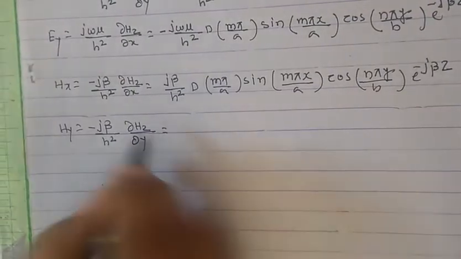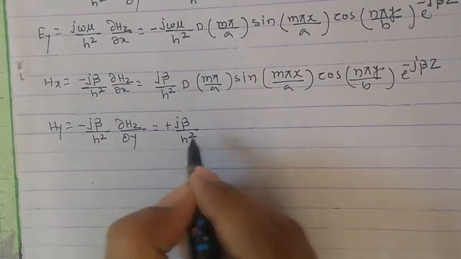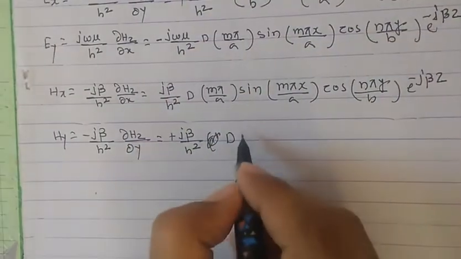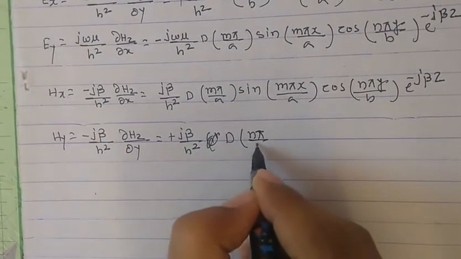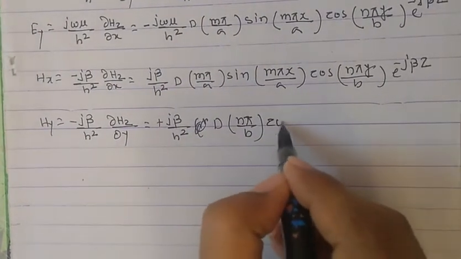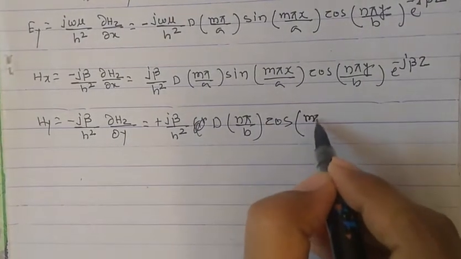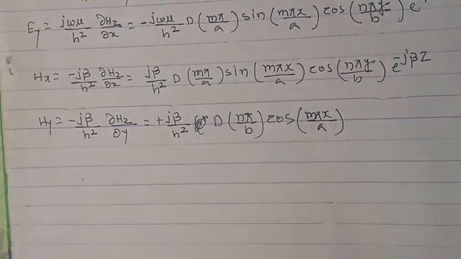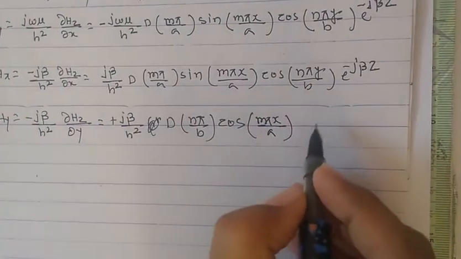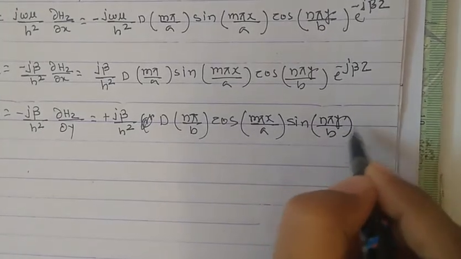The only constant will be minus j beta, so this will be plus j beta upon h square, the constant d, the same way we'll write n pi by b cos m pi x by a sin n pi y by b e raised to minus j beta z.